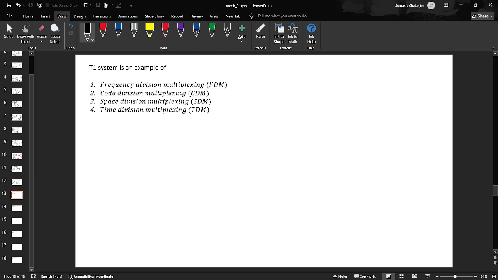If for each signal we sample with a sampling interval of Ts, then the composite signal in the T1 system has a frame duration of Ts, but within this Ts it multiplexes n different samples from different message signals. So it's time division multiplexing. It's a multiplexing in the time domain.